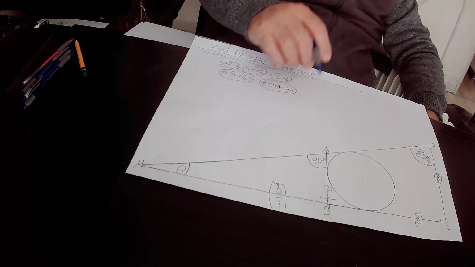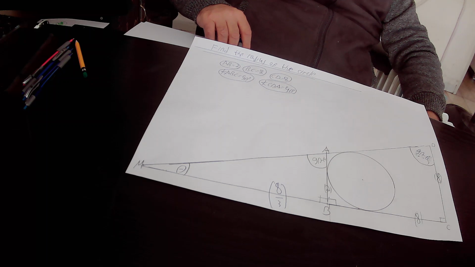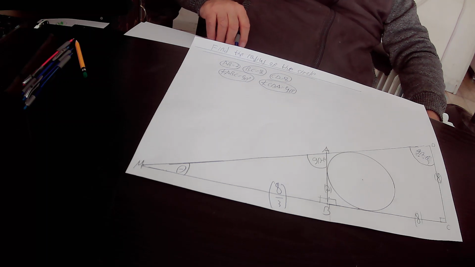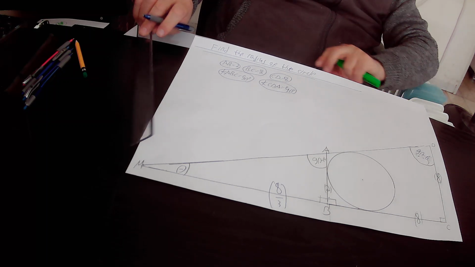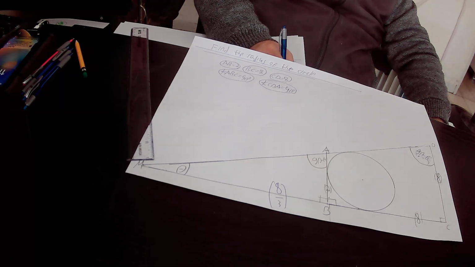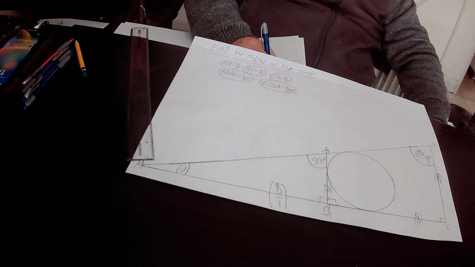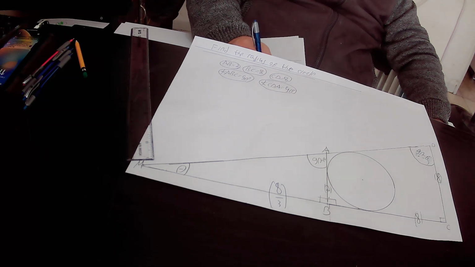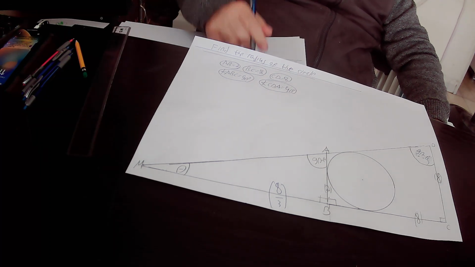In this small right triangle MBA, according to the Pythagoras theorem, AM square, that is the square of the hypotenuse, must be equal to AB square plus BM square.